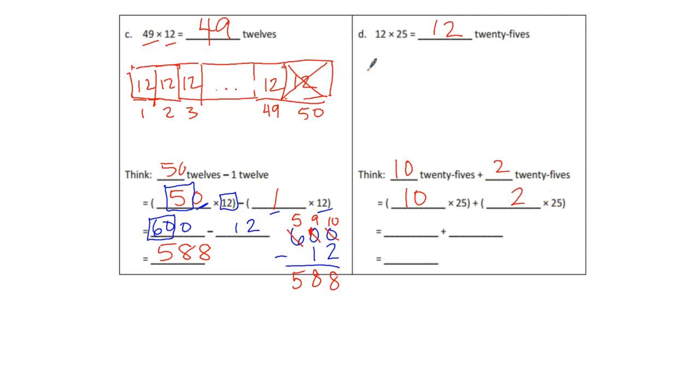So let's draw a tape diagram. I'm not going to draw my 12 25s. I'm just going to put in my 1, 2, 3, dot, dot, dot. It's 25, 25, 25. That's fine.